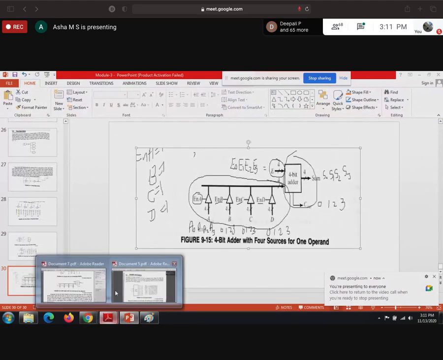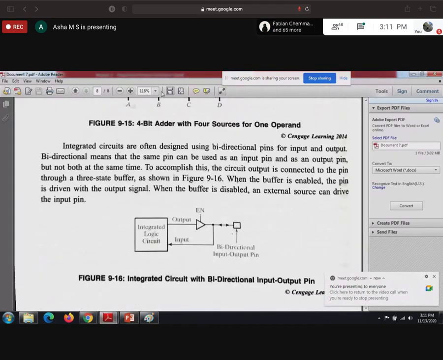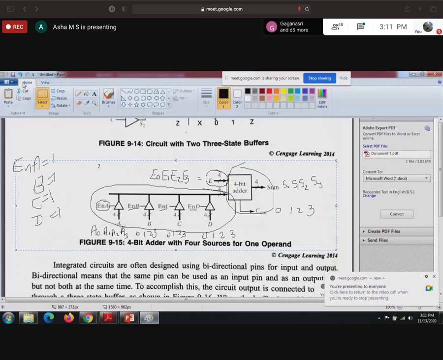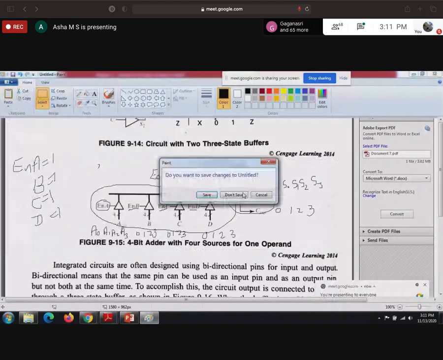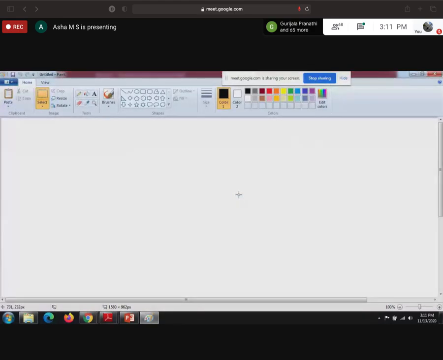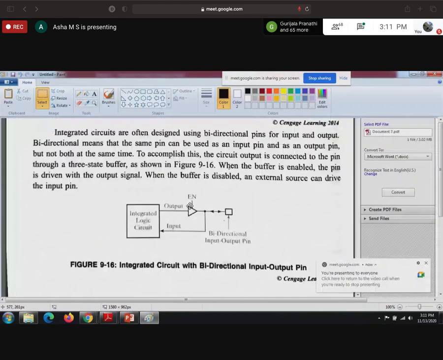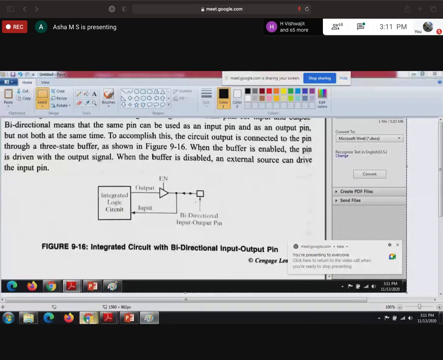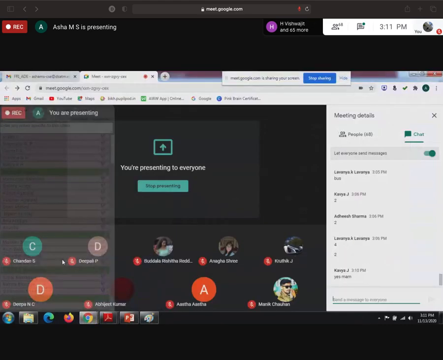Okay. Next thing we have. So you have integrated circuit. Integrated circuit is nothing but the IC. So in an IC, can I use the same bit for both input and output? Is it possible to use?